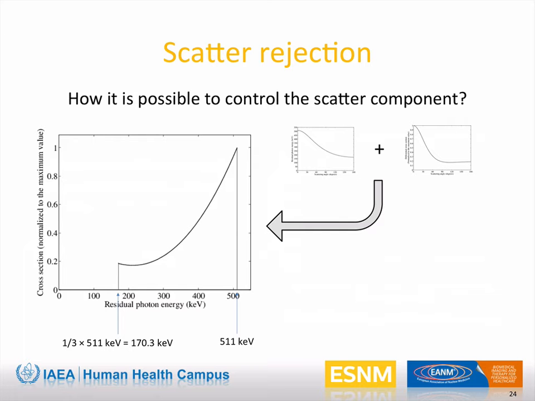Combining the two previous plots, we can obtain a spectrum of the residual energy of a 511 keV photon after a single scatter interaction. Thus, the scattered events can be discriminated by measuring the energy, that should be always less than 511 keV.